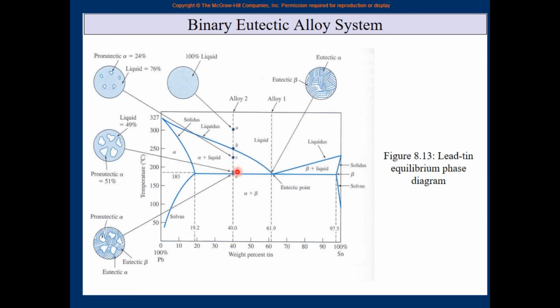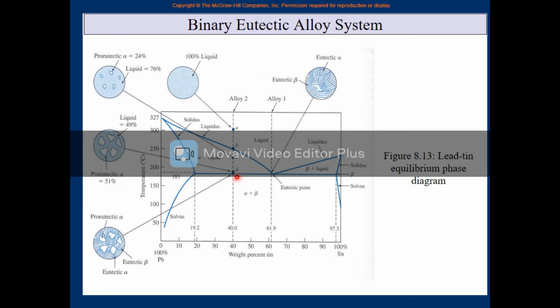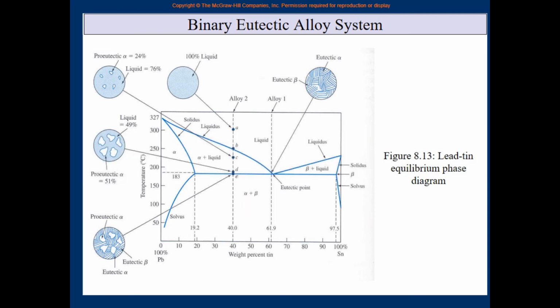Once you touch point E, exactly on the eutectic temperature, whatever liquid was remaining has suddenly become alpha plus beta. This is very important. If you understand this, you understand almost everything in phase diagrams.